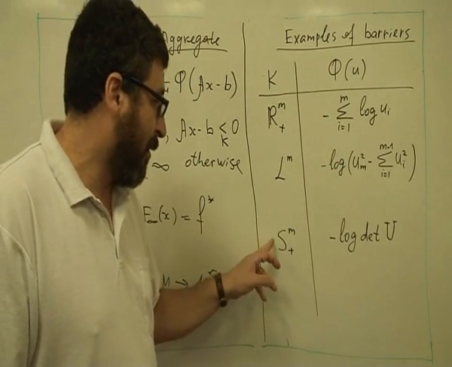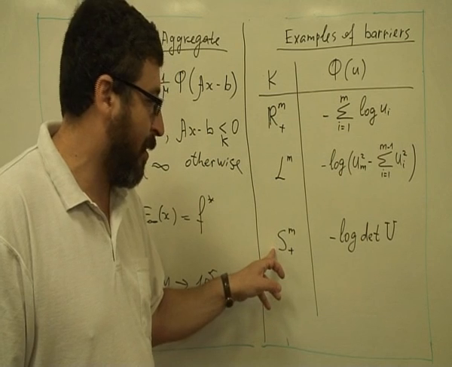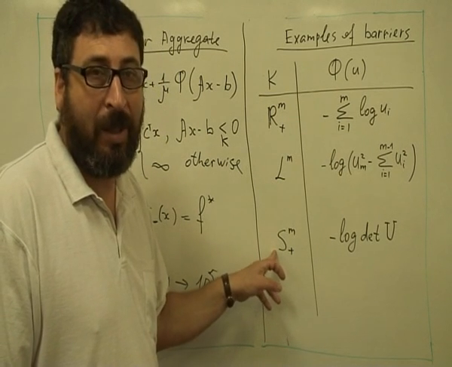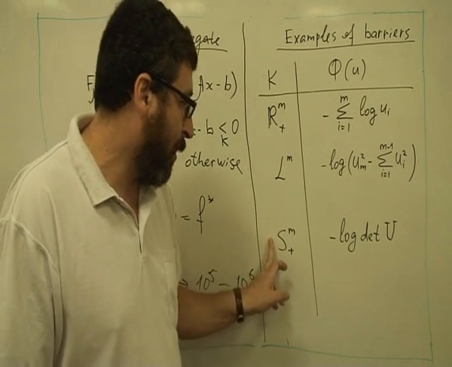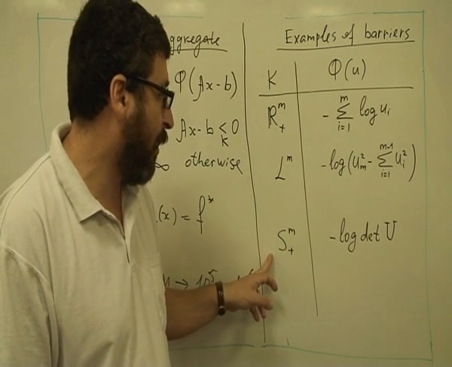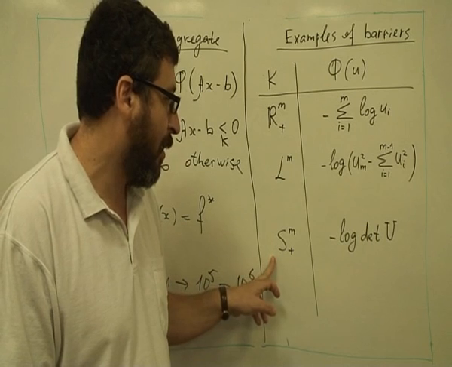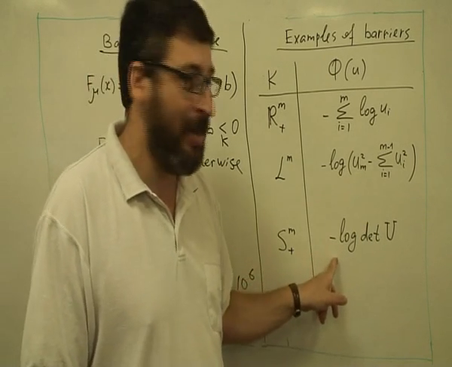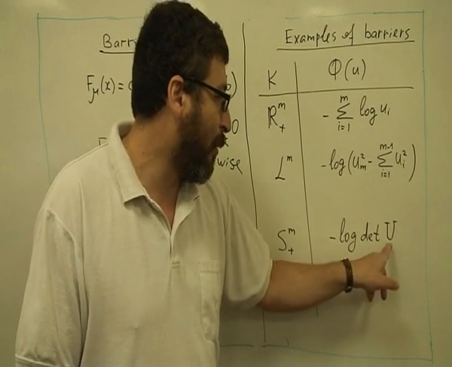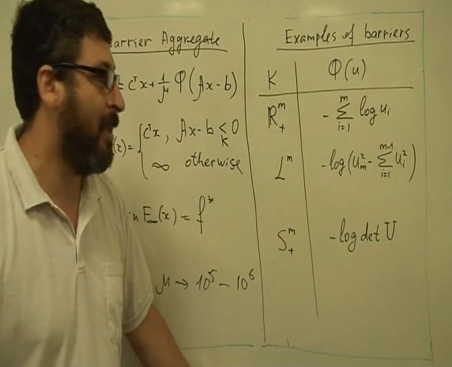And the third case is for semi-definite programming, we need some barrier for positive semi-definiteness of a matrix, and the good barrier is minus log det of this matrix.